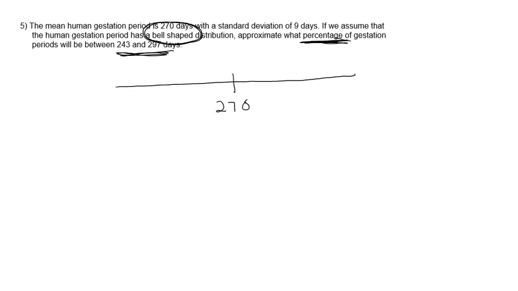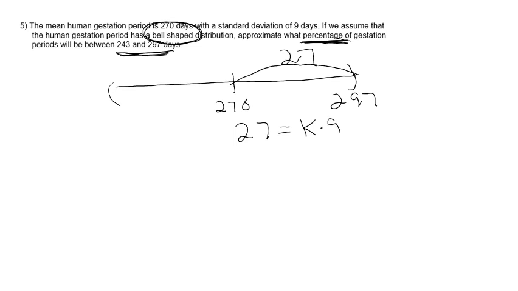We have to determine the distance to an endpoint. So 297 over here, the distance from here to here is equal to 27. So our distance is 27, and we know that's related to the standard deviation by k times the standard deviation, which is 9.